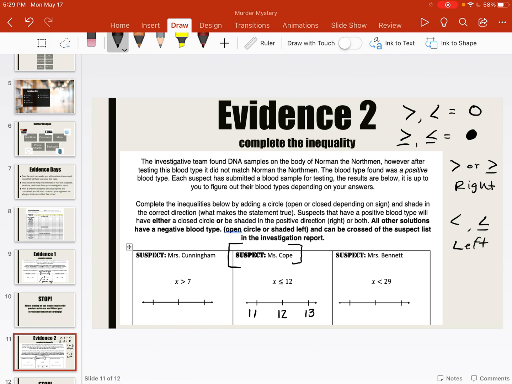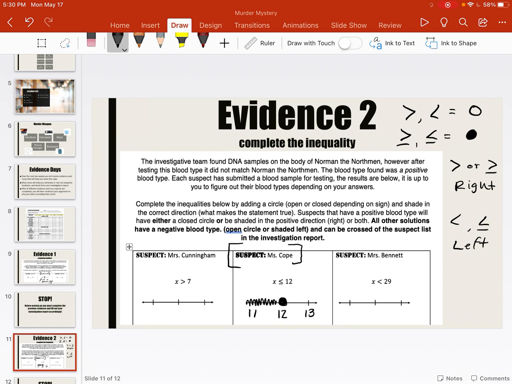Now, if I look at it, I have a positive 12. I do have a less than or equal to, so I know my circle gets filled in. And if I have a less than or equal to, I'm going to shade to the left. Another trick is if it's eating the number to the left, if it's eating the x, it's to the right.